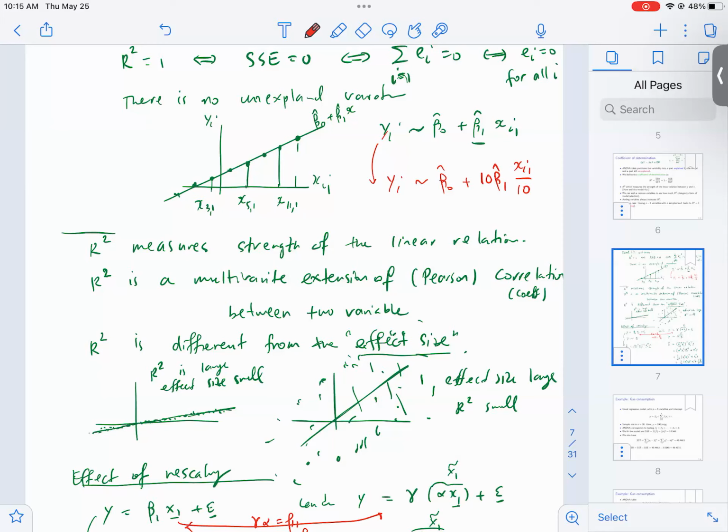It's the product of beta and x that matters, and the product here is the same as before. The effect size alone doesn't itself explain anything. So arbitrarily you can rescale it.